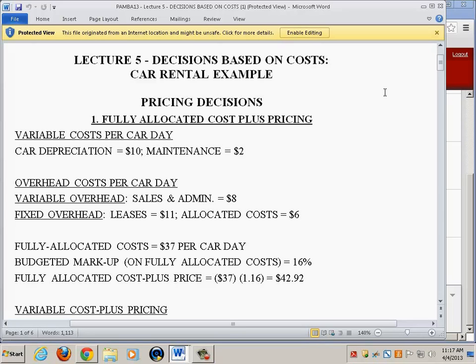And pricing decisions, the right pricing decisions and how to make them, are therefore very important. So we're going to go over a number of methods that are used to make pricing decisions.